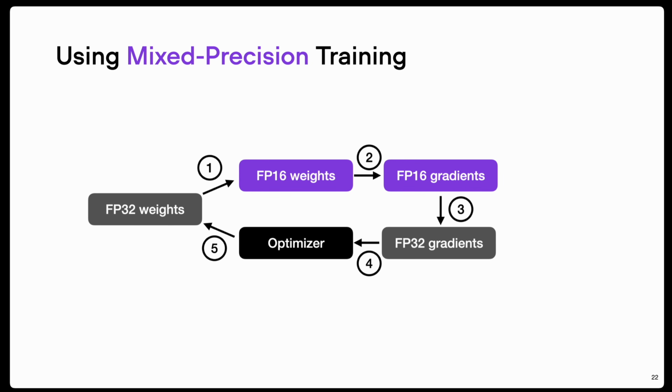So feel free to choose either, especially if you're using mixed precision, not pure precision. Mixed precision is essentially a trick that uses both 16 and 32-bit precision so that there is no loss in accuracy. How it works is it takes the 32-bit weights, converts them to 16-bit weights, then computes the gradients in the 16-bit representation to save GPU memory, then converts them back to 32-bit gradients, and uses the 32-bit gradients to update the parameters, and then continues on.